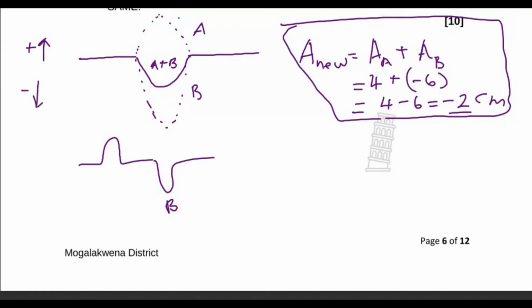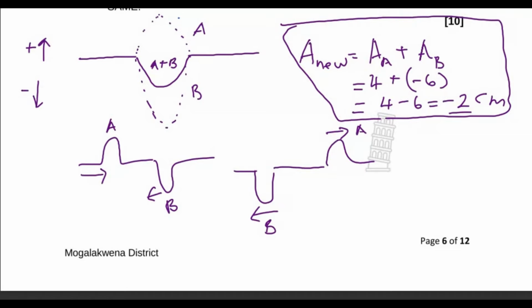This is B, this is A. Here they meet. After they meet, they will continue in their original direction. So this will be pulse B and this will be pulse A.